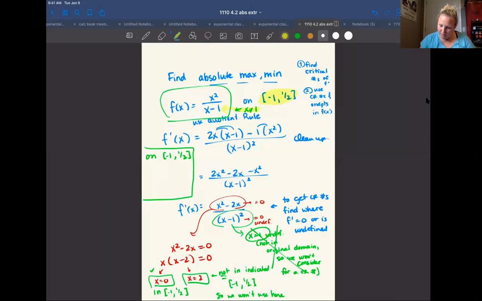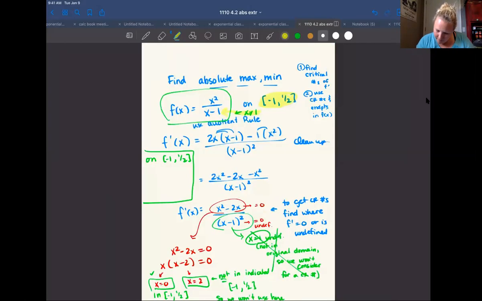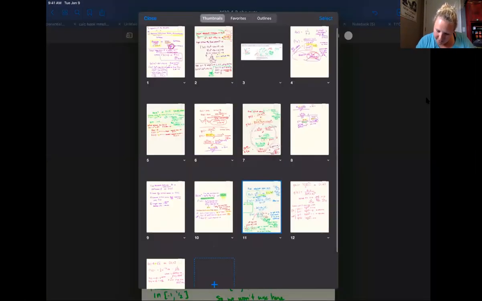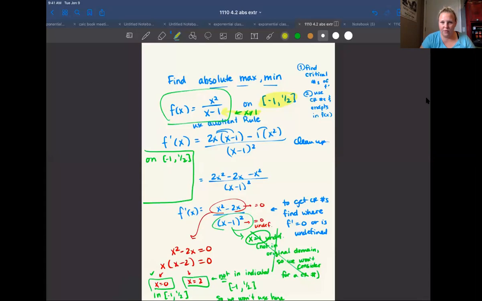I don't know if I wrote that anywhere, because we hadn't really come into any domain issues. But anytime we get into these quotients, it's only a critical number if it's in the domain of the original function. Otherwise, it's not going to be considered with these functions.